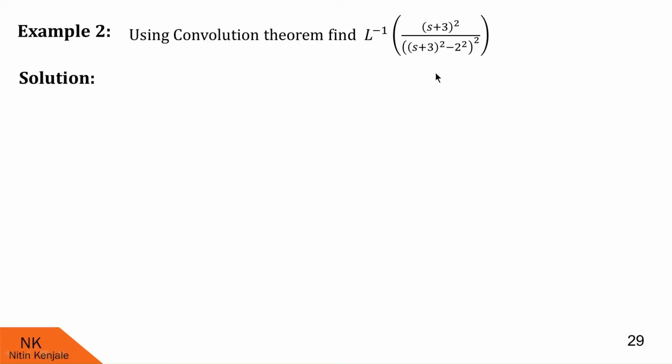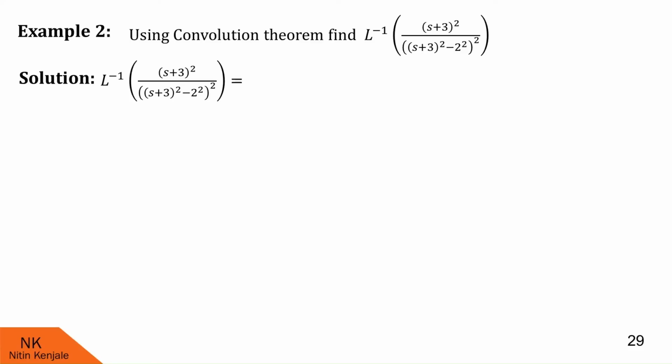Note that in this function, every s is in addition with 3. So this function is of the type phi of s plus 3. And we have already seen how to find L inverse of such functions using the first shifting theorem. Yes, we are going to use the first shifting theorem in this particular example.